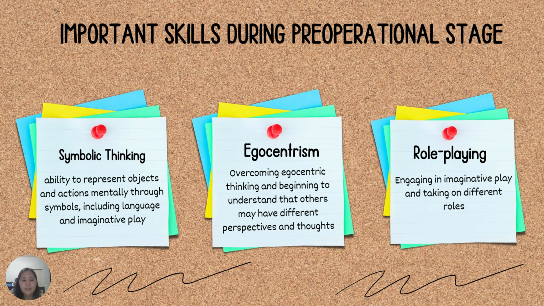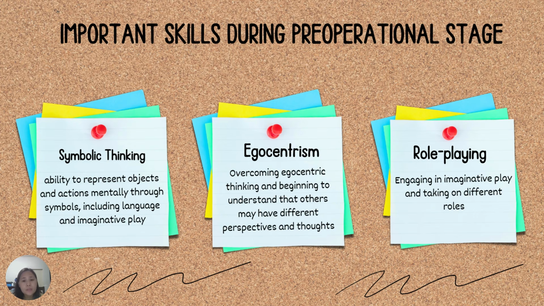Egocentrism, that is the difficulty in seeing things from another perspective. That is the manifestation for toddlers to be self-centered, to be selfish. That does not mean that they are not good. It is their natural tendency to focus more on themselves, what they need and what they want.